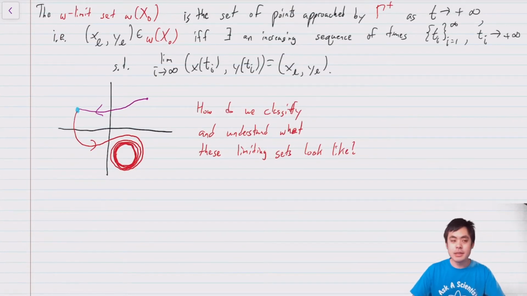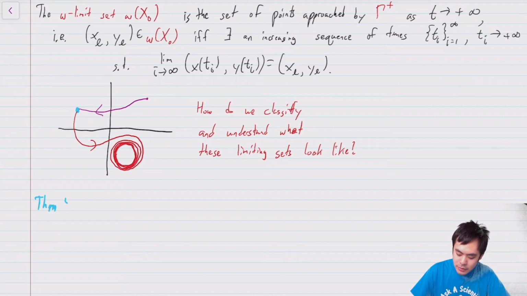And the answer to that is the Poincare-Bendixson theorem and related results. So this is Theorem 5.6 in Linda Allen's textbook. This is Poincare-Bendixson.